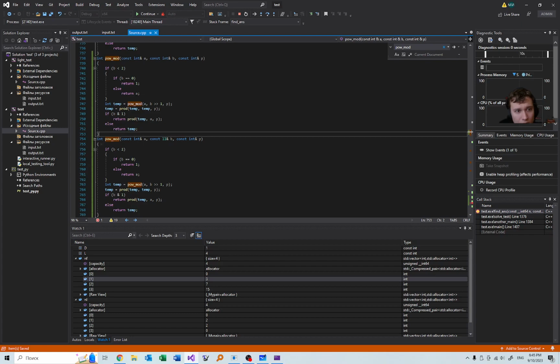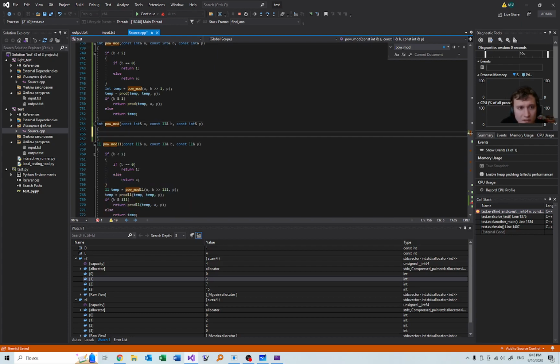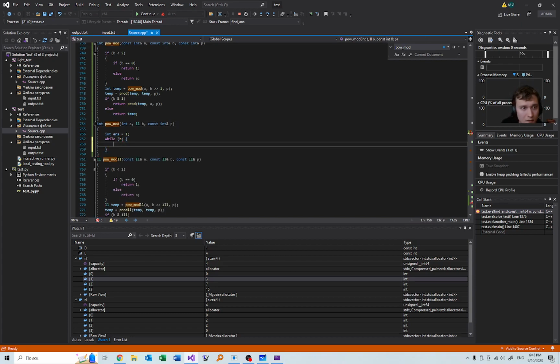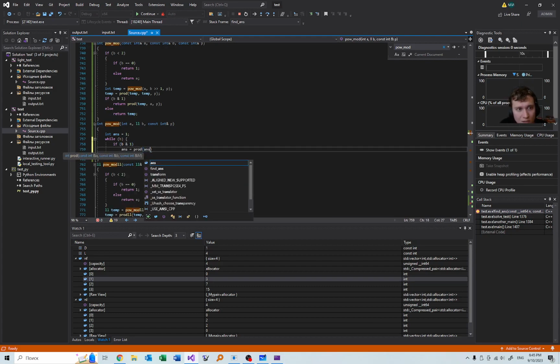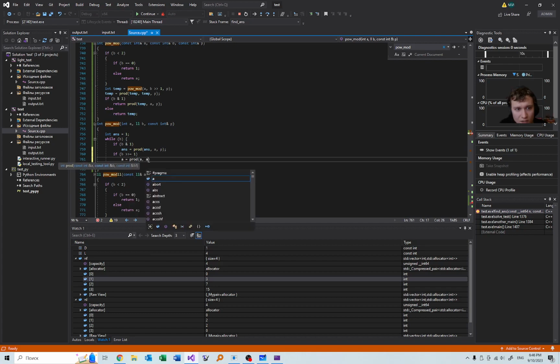So here we have long, and actually the same goes here. I think I can just write int answer equals 1 while b, if b and 1 ans equals prod ans a, b, and if b is divided by 2, then a is prod of a b.